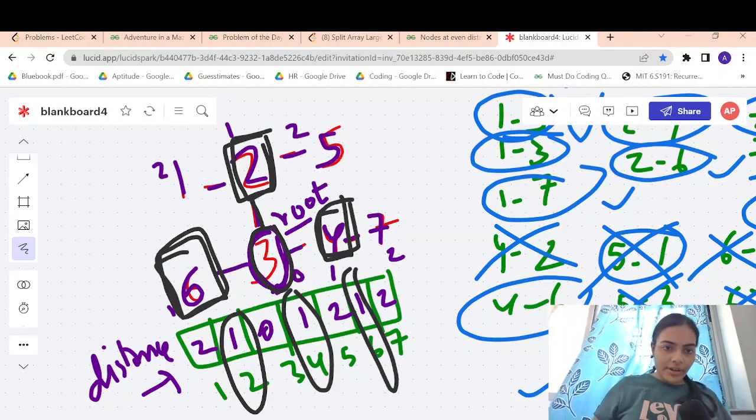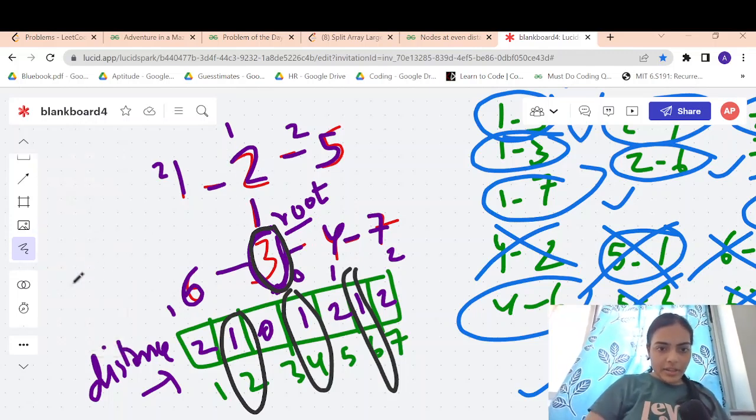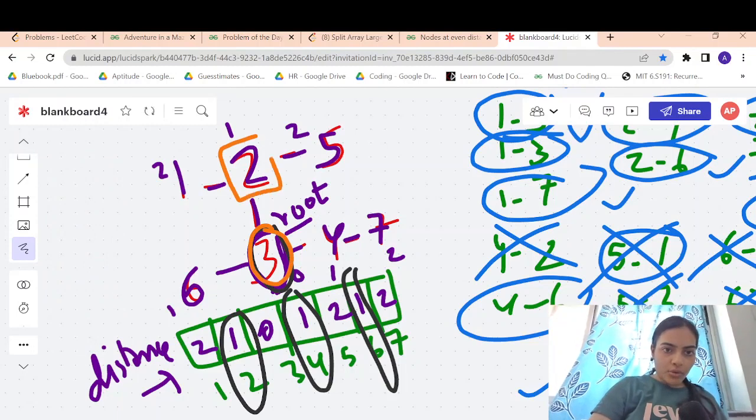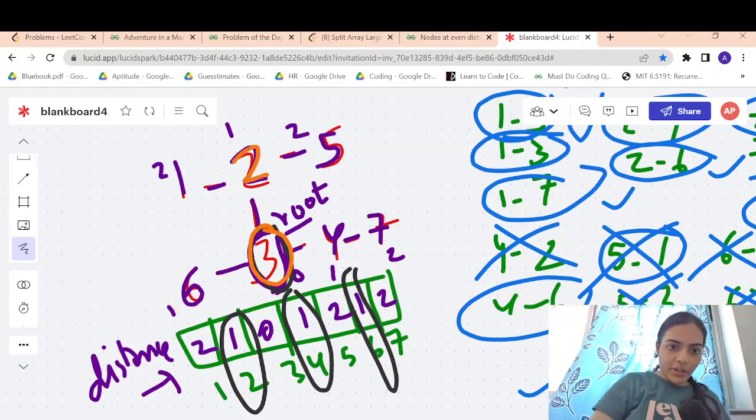See, it's very important to understand this. Let me take a brighter color. Let's say compared to node 3, node 2 is having a distance of 1. Compared to node 3, node 6 is also having a distance of 1. Between node 6 and node 2, they are having a distance of 2. There are 2 edges between 2 and 6. Let's see it again. Between 2 and 3 there is 1 edge. Between 6 and 3 there is 1 edge.